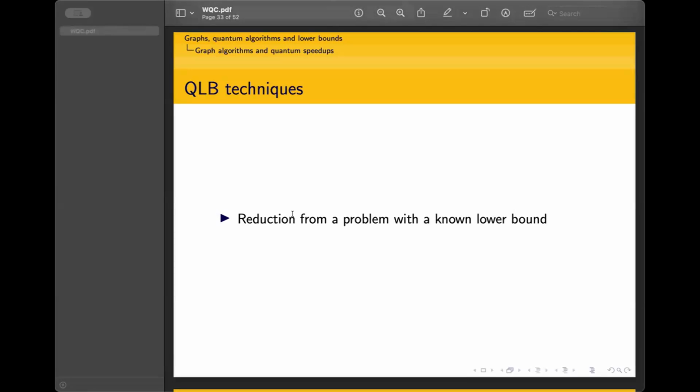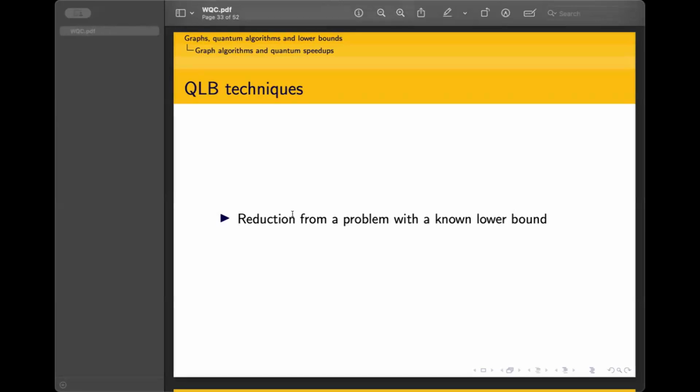That would be a reduction. And if there is a known lower bound that TSP cannot be solved faster than in exponential time, then this is a contradiction, which implies that this is a lower bound: you cannot do it faster than linearly.